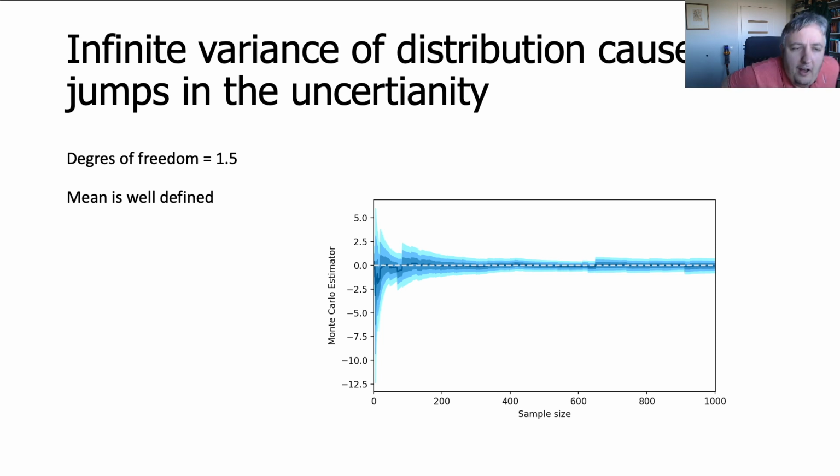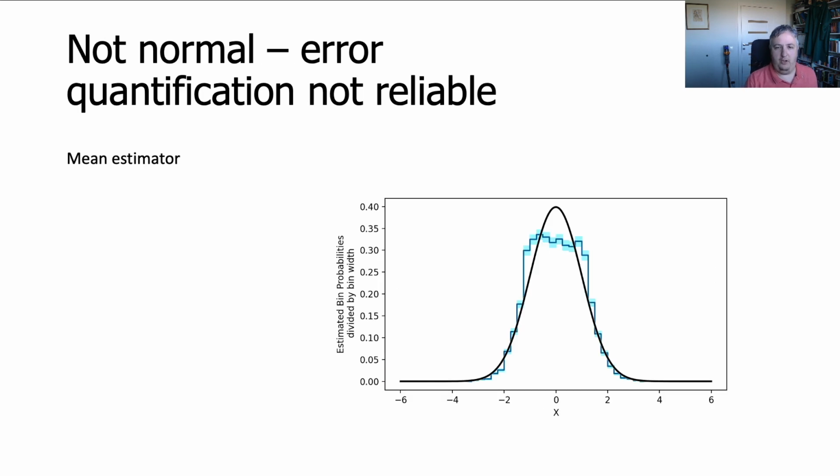If we increase the number of degrees of freedom, then the mean is well defined, which is generally a good thing, because now, as we can see, it converges. But unfortunately we still do not have a good quantification of the uncertainty, because despite the fact that the average converges to the mean, it is still not normal.